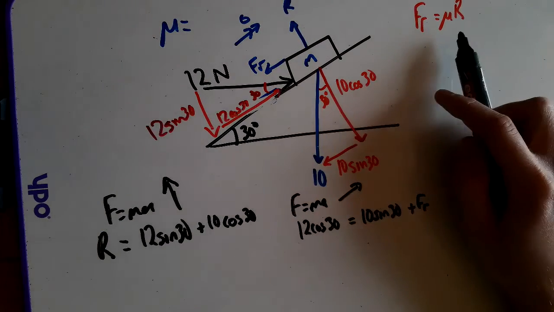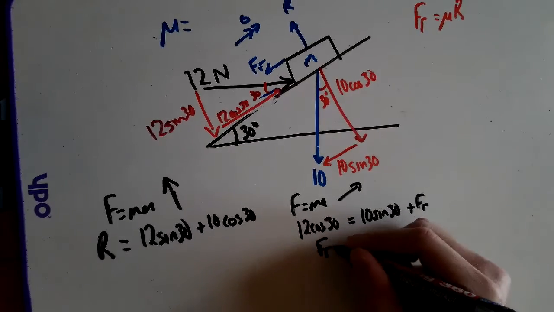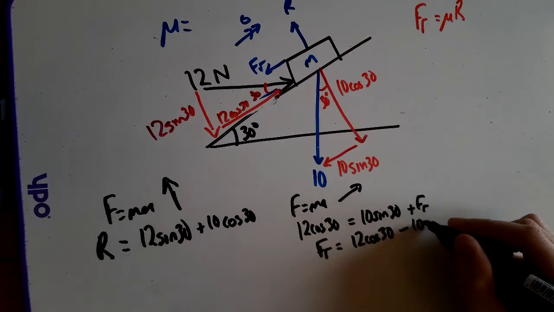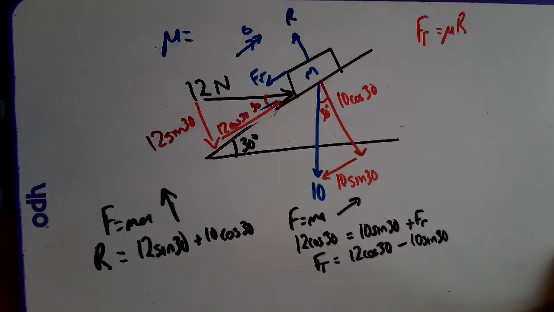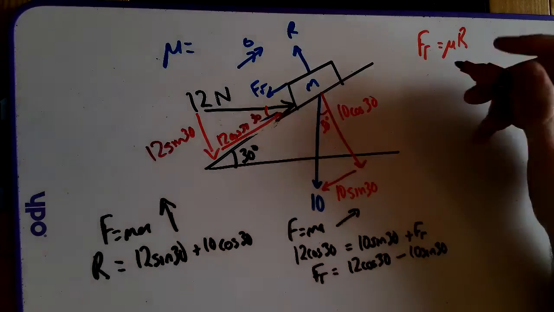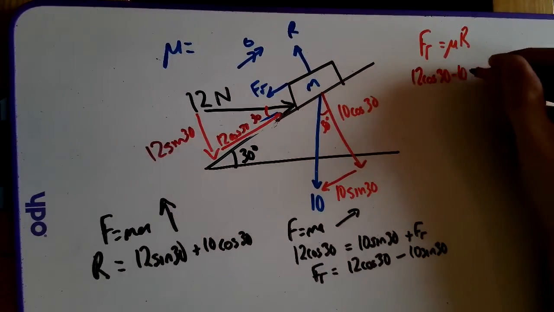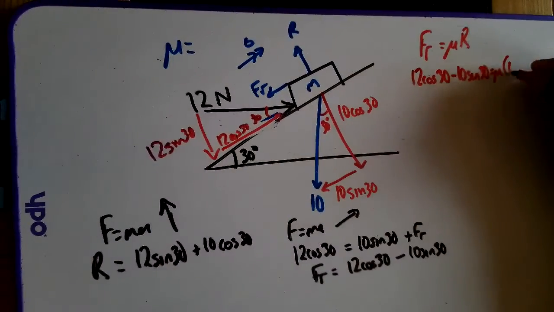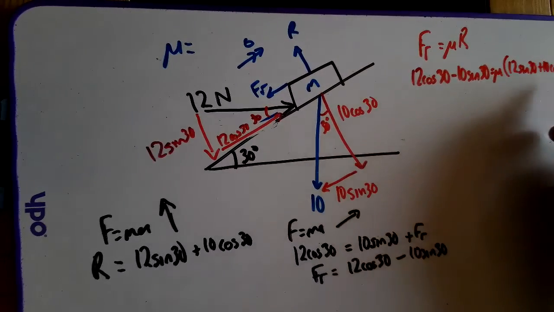Okay, now I'm going to end up using this formula, so I want friction to be by itself. So friction equals 12 cos 30, take away that 10 sine 30. Okay, now sub both of them into this one here. So we get friction, which was 12 cos 30, take away 10 sine 30, equals mu times R, which is this one, 12 sine 30 plus 10 cos 30. To get mu, just divide by that bracket.